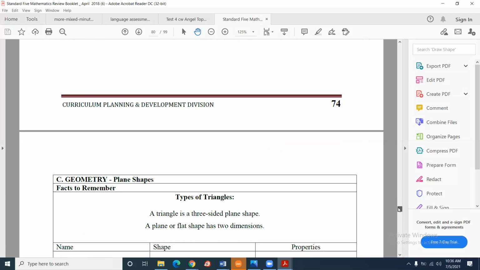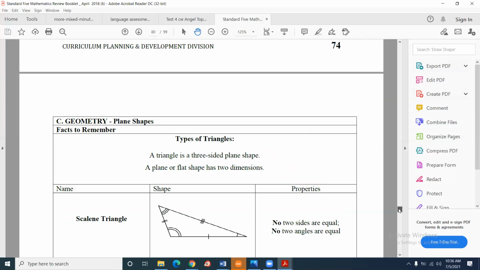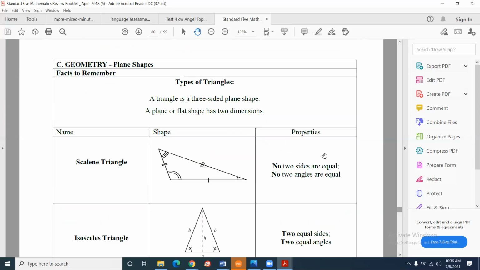Now there is something missing on this particular document that I will have to send separately, but one type of shape is called a plane shape. A plane shape is a shape that only has two dimensions.